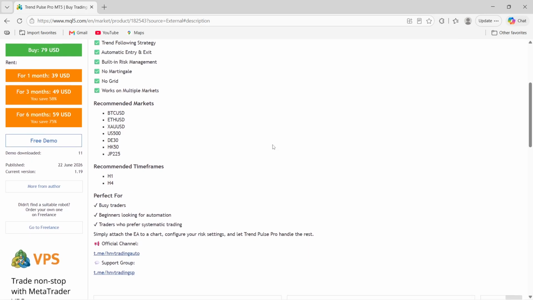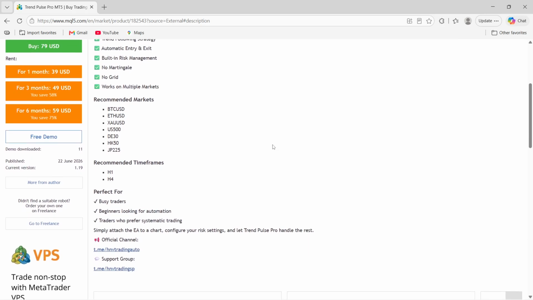The developer emphasizes consistency and the ability to work across multiple pairs with the proper settings, with the recommended markets being BTC/USD, ETH/USD, XAUUSD, US500, DJ30, HK50, and JP225.